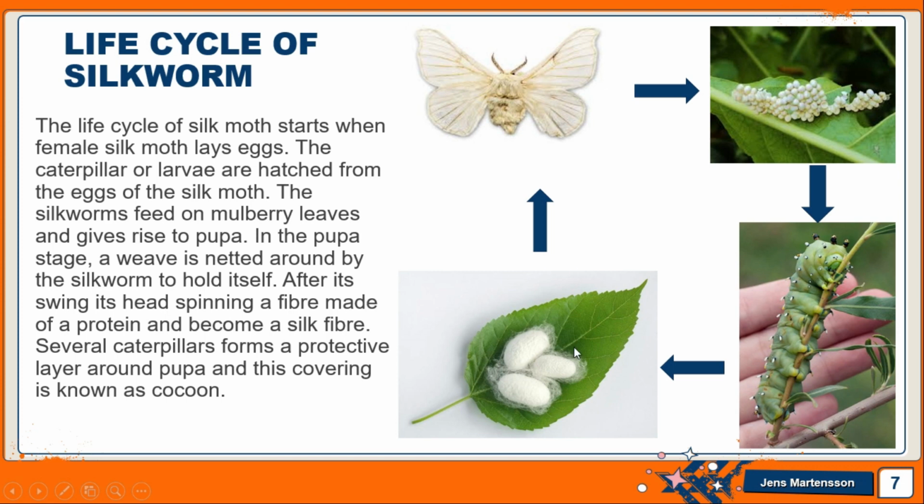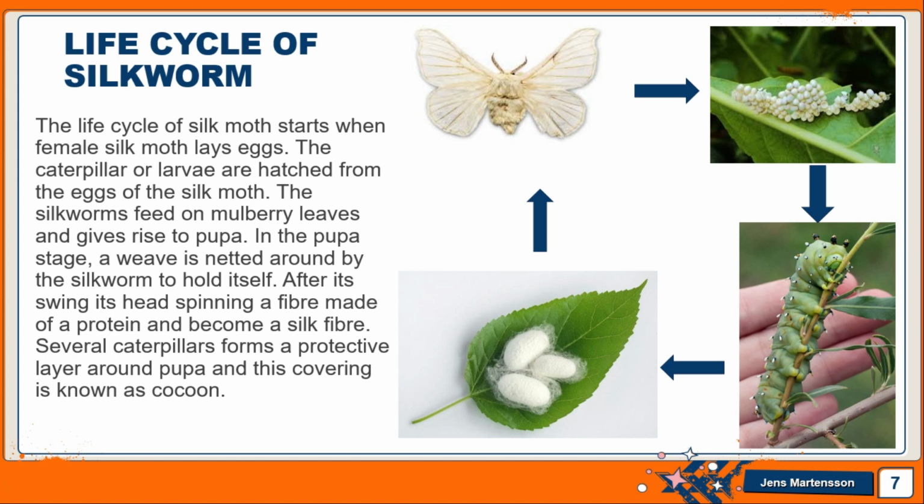What actually happens, you know? During this movement, the caterpillar moves its head from side to side and secretes a fiber. This fiber is made up of protein, which on exposure to air hardens itself and becomes a silk fiber.